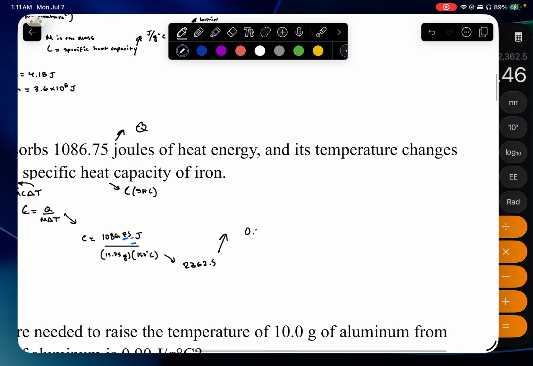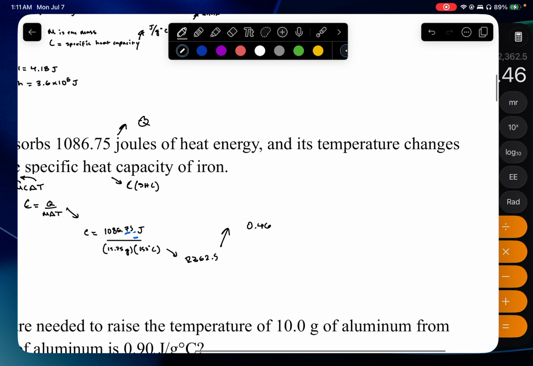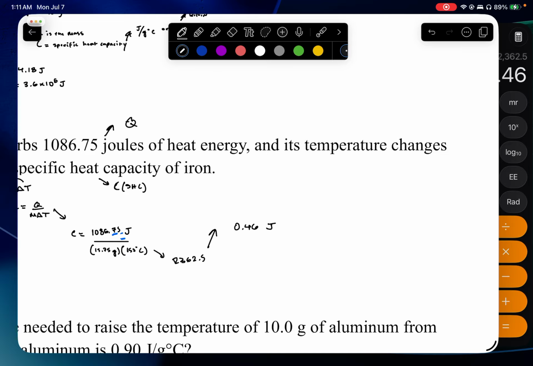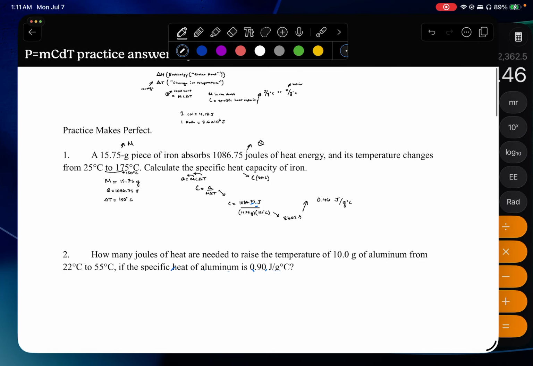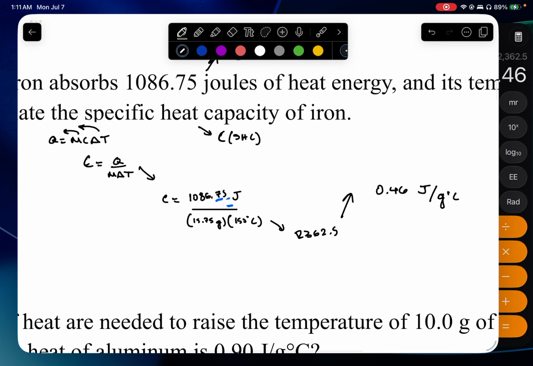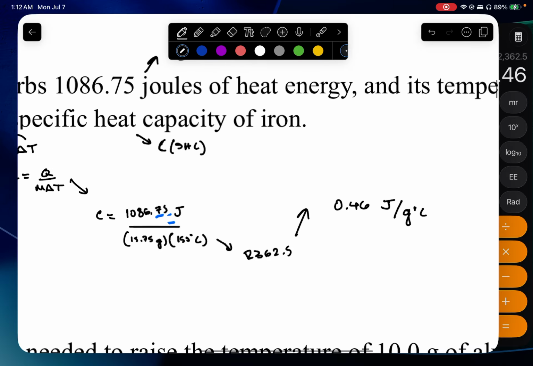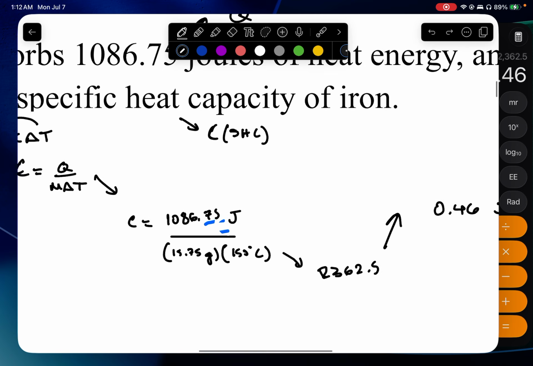So 0.46. Now we definitely need units. So we have joules over grams times Celsius. So that's all we need to write. Now that we divided, we need to know the significant figures rules. In division, it's always the least amount of sig figs.